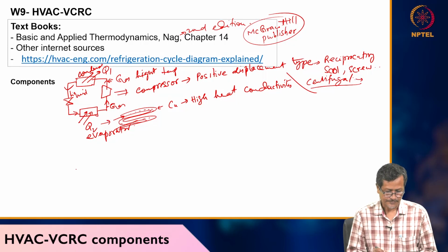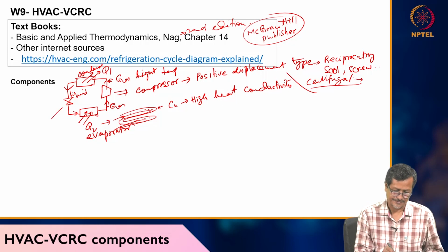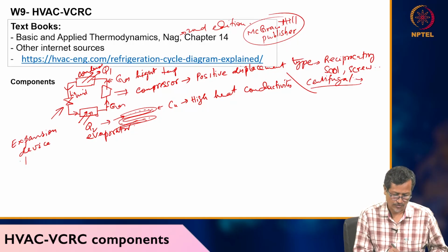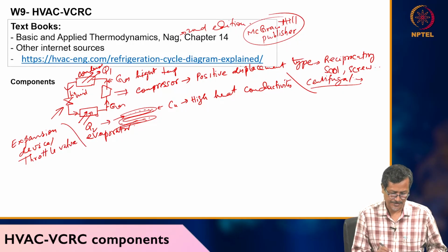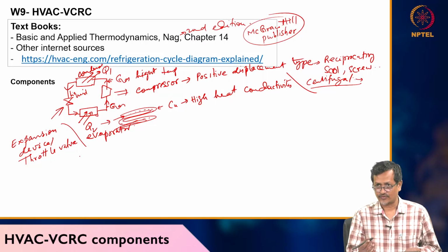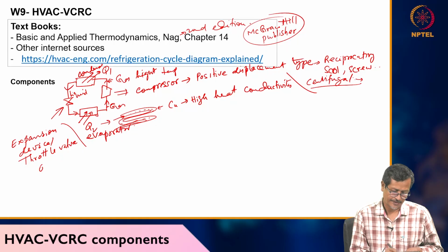Okay, so this is the expansion device, or we say throttle valve. The expansion device or throttle valve will be regulating pressure and flow rate.